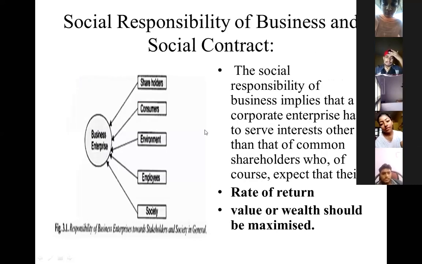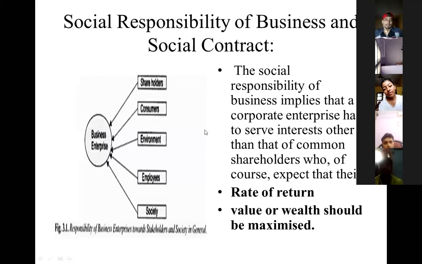Next we have social responsibility of business and social contract. Okay, so what does that mean? It is a relationship between business people or an enterprise and the society. We know that the main relationship with the shareholders is a high rate of returns, and wealth should be maximized.